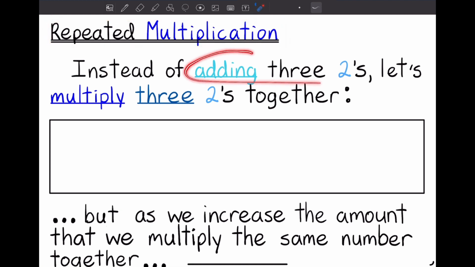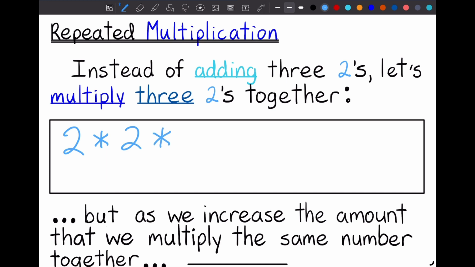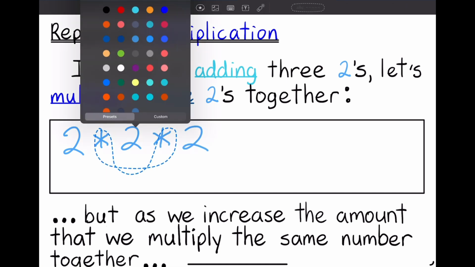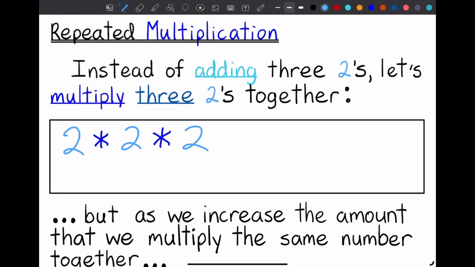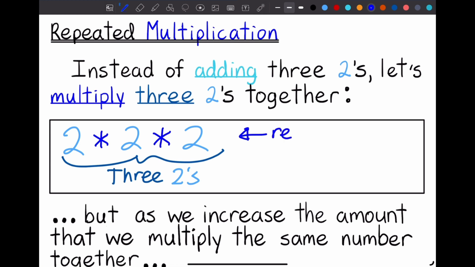Instead of adding 3 2's, let's multiply 3 2's together. We can write this down as 2 times 2 times 2. And let me color code these multiplication operators. So here we go. Since we're multiplying 3 2's over and over again, this is why we call this repeated multiplication, because we're multiplying the same number over and over again.